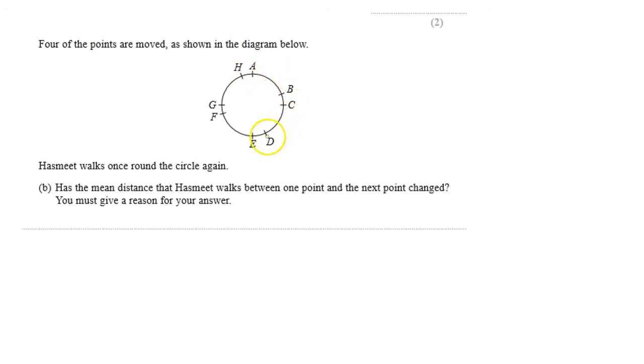So B is near C, D is near E, F is near G, and H is near A. Hasmeet walks once round the circle again. Again she is walking. Has the mean distance that Hasmeet walks between one point and the next point changed?